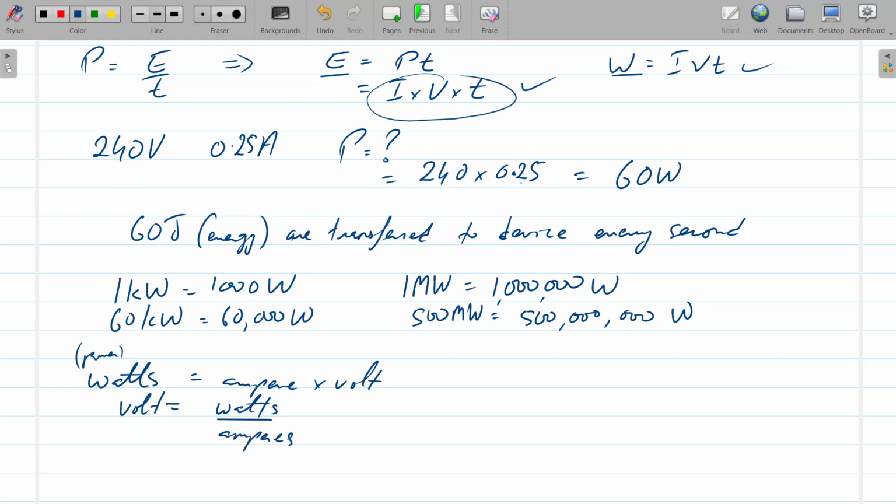And so they use this to define what a volt is. They say the volt is the watts per ampere, which is used to give the potential difference.